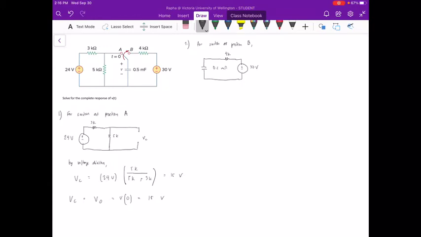From this simplified diagram, we can easily calculate the time constant. We have values for R and C, so our tau or time constant is equal to RC, 4000 ohms times 0.5 millifarad. Our time constant therefore is equal to 2 seconds.